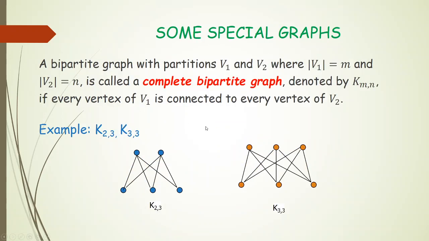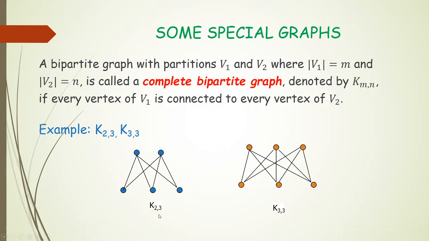Now, when do we say that a bipartite graph is a complete bipartite graph? This is the notation that we use for complete bipartite graph, K sub m,n. So it's complete bipartite if every vertex of V sub 1 is connected to every vertex of V sub 2. For example, consider this graph. This is a bipartite graph. So this is your first partite set, and this is your second partite set.